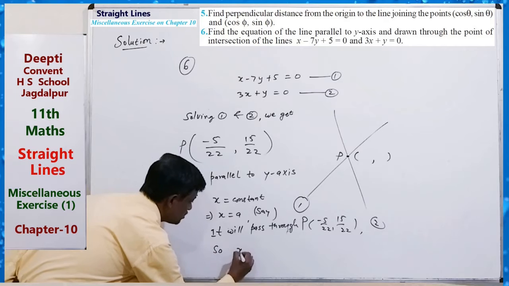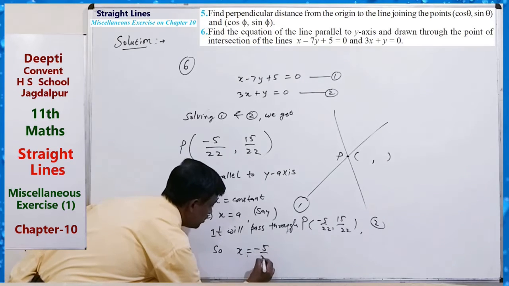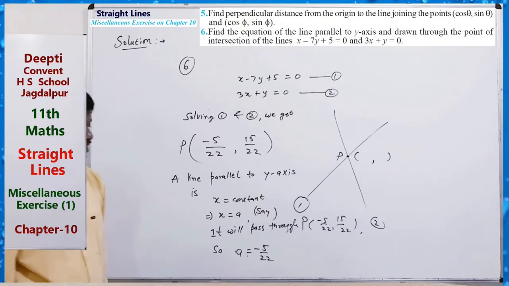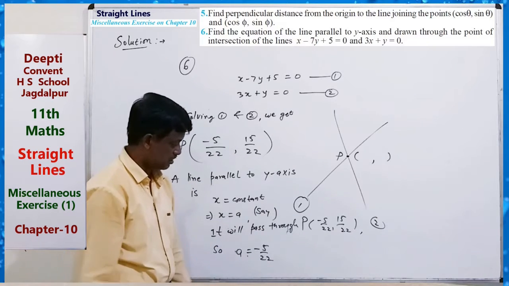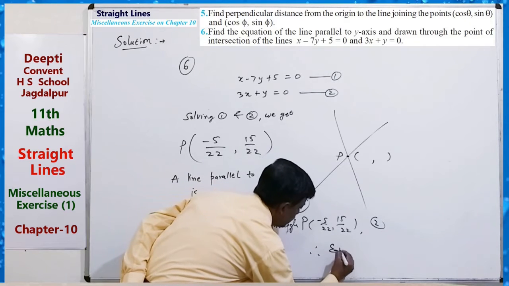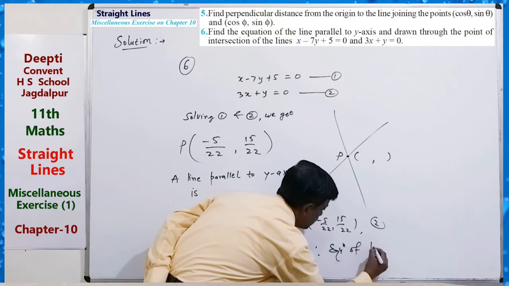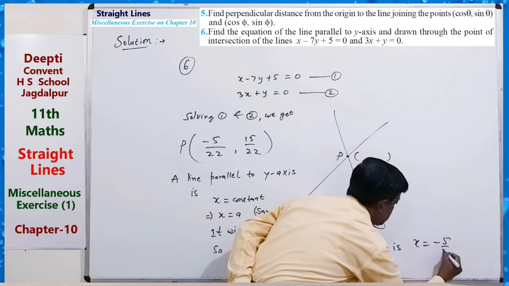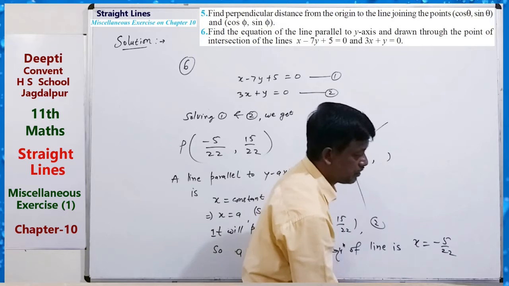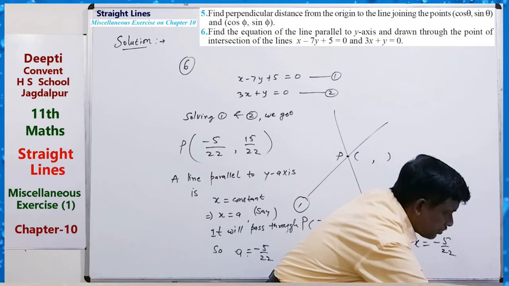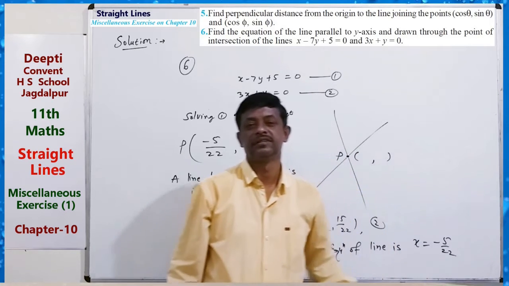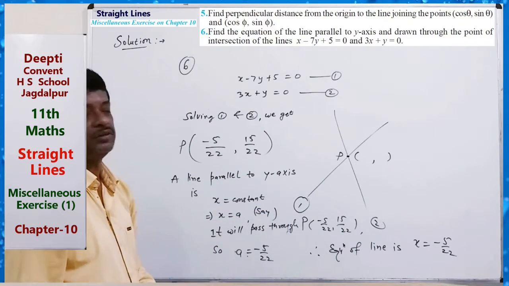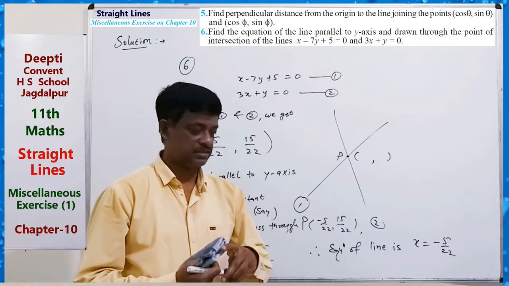So x equals minus 5 by 22, so a equals the value of x here. Therefore, the equation of the line is x equals minus 5 by 22. Clear? So x equals some constant, that is minus 5 by 22. This is the solution of question 6.